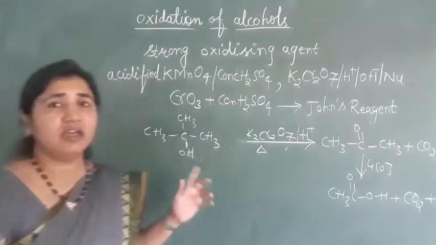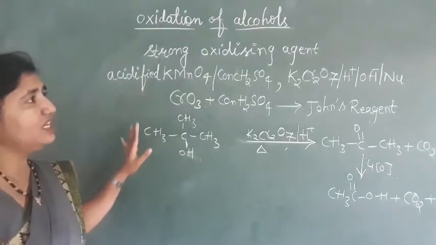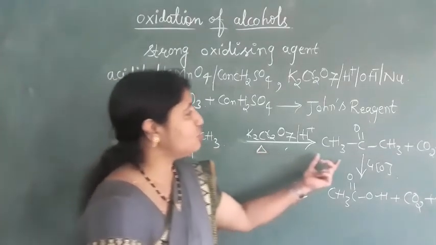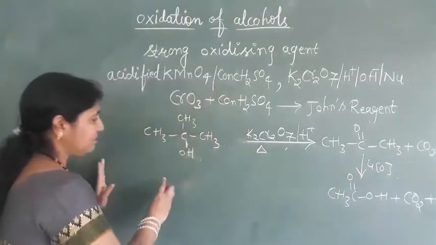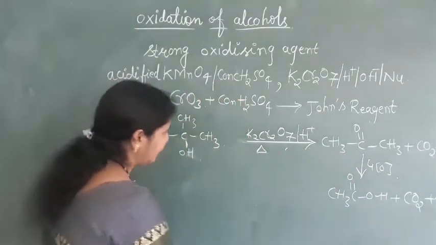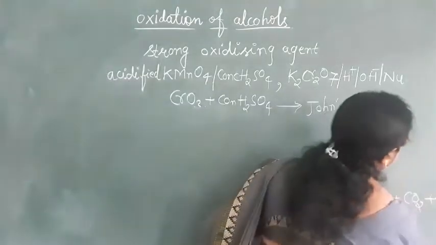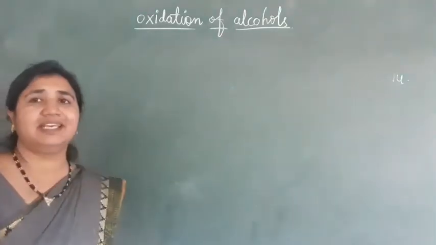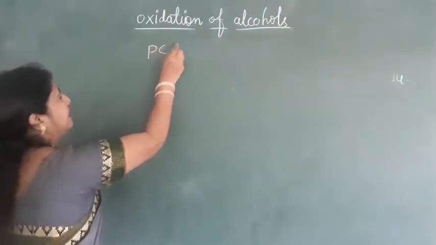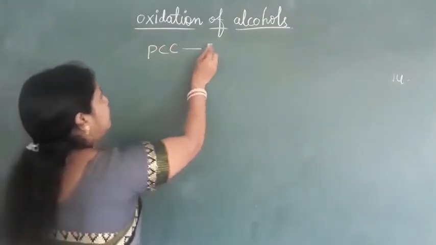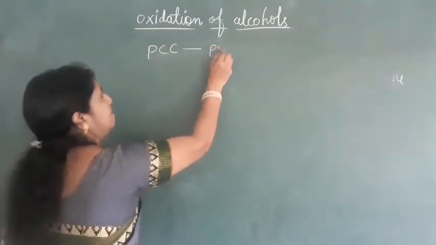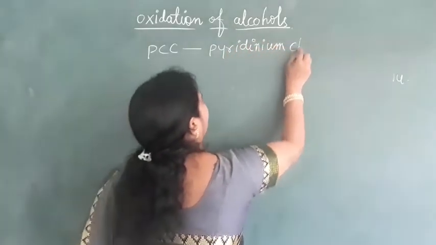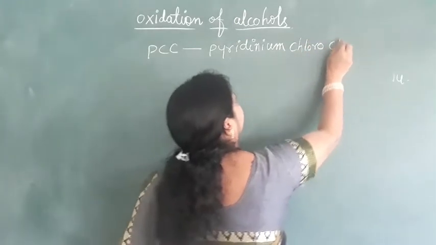Okay. Now in place of this strong oxidizing agent, if you use a mild oxidizing agent, then the oxidation stops here only. Primary alcohols first convert into, see here, if you take a mild oxidizing agent like PCC, pyridinium chlorochromate.